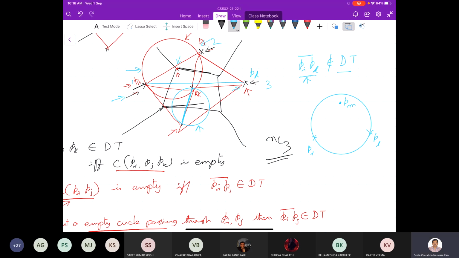What does that mean actually? Whatever circle we take, there exists this one point inside. So it is true for each and every circle. What does that mean actually? There are some points, assume, outside.